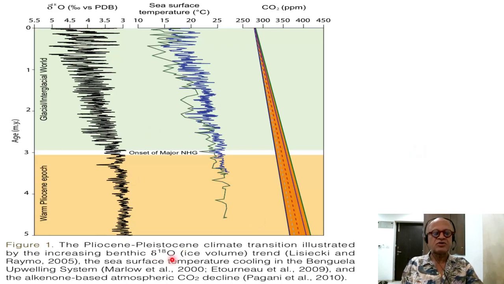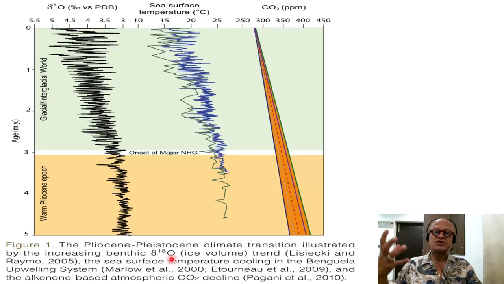This one is looking at the Pliocene-Pleistocene climate transition illustrated by the increasing benthic delta O18, which corresponds to ice volume. If you don't know how O18 and isotopes in general work, you can refer to my podcasts in other courses on my channel.